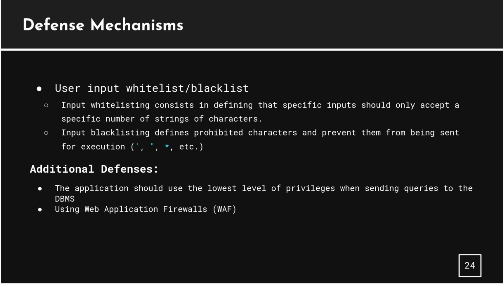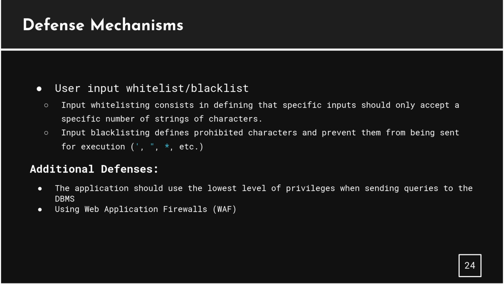Let's say we have the username field that only uses alphabetical characters from A to Z. If we find in the web application's code that the username input has something else, like a quote, special character, or numbers, it will just refuse that input. So we're protecting our inputs by specifying exactly what characters are allowed.